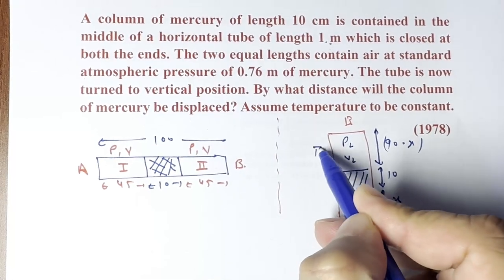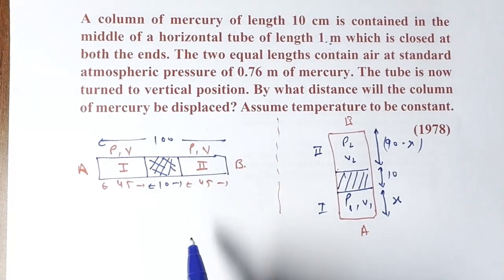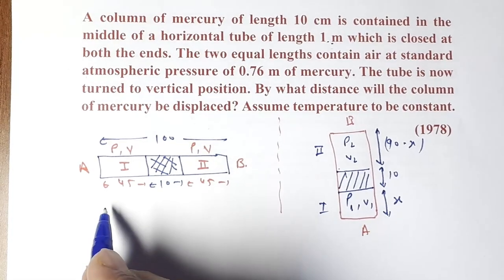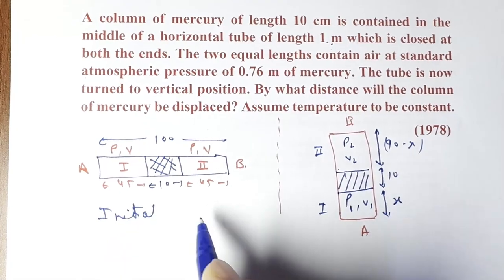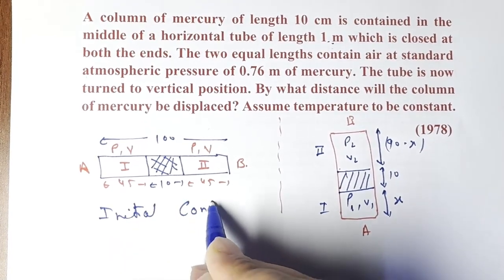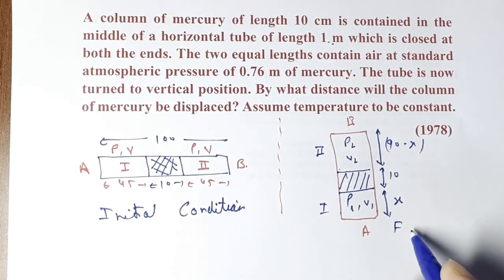So this is our second section and this is our first section of the tube. We call this the initial condition, and this the final condition.